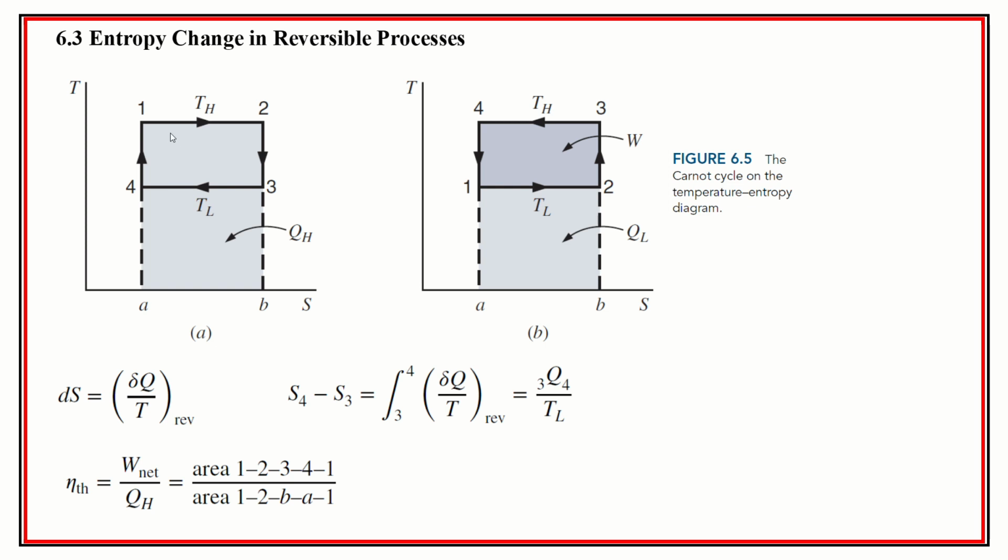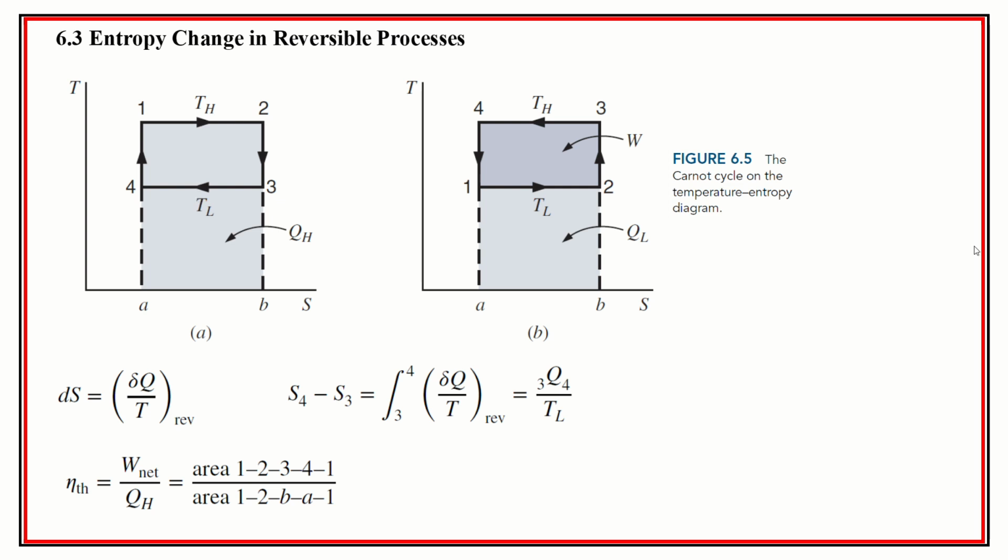I think the one on the left is an engine, and the one on the right is a refrigerator. So we start up here at high temperature, where we add heat in between 1 and 2. Then we extract work in an isentropic process, so it goes straight up and down. Then we take heat out, removing heat right here, and then we put some work back in, and we go through a cycle.